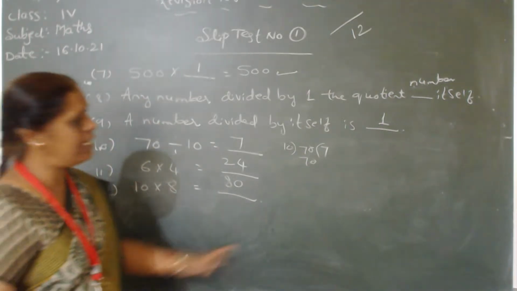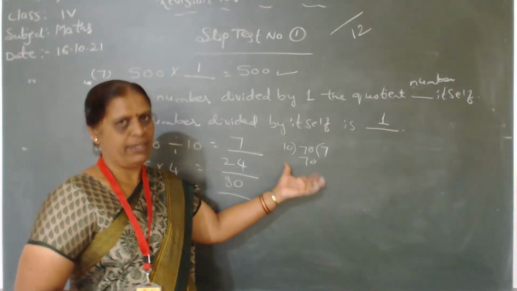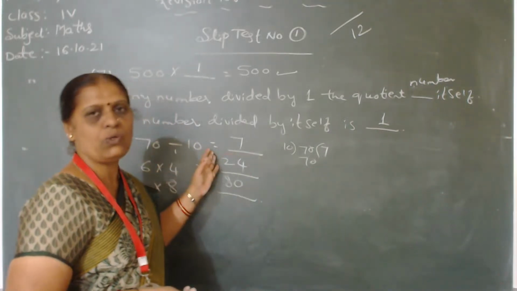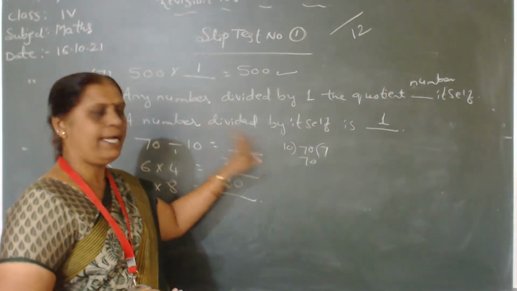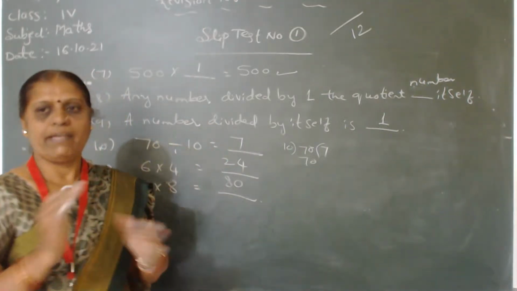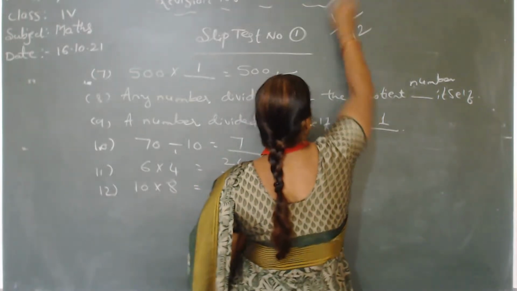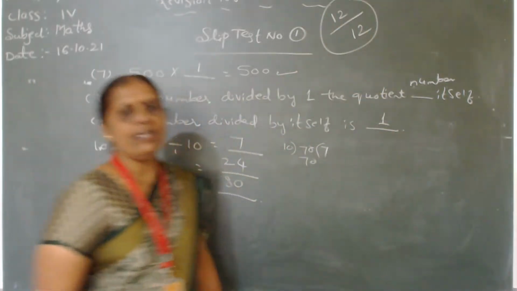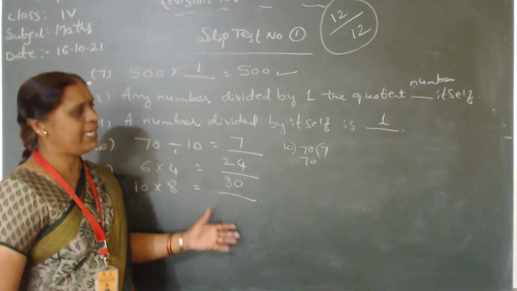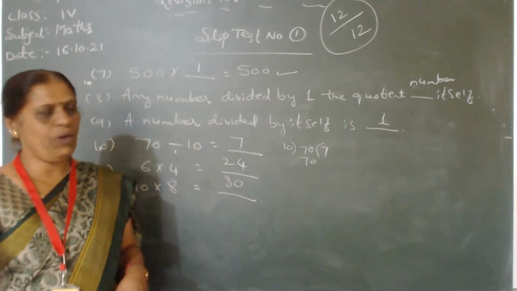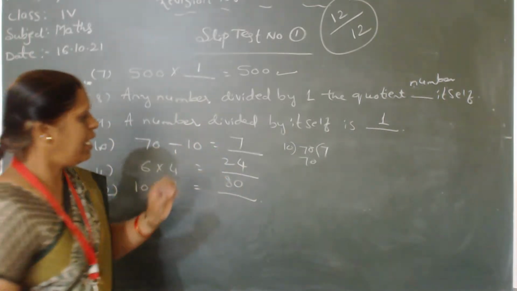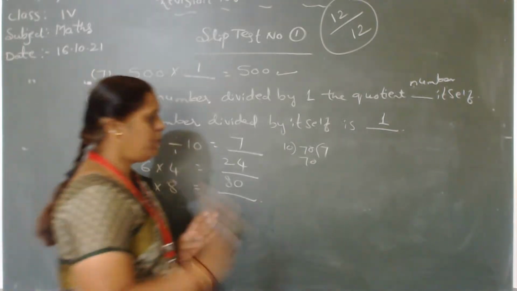If you don't know the answer, you can do the rough work, then find out the answer and write it. If all your answers are correct, you will get 12 out of 12 marks. So check the answers. I will give you 5 minutes. If your answer is wrong, put wrong.